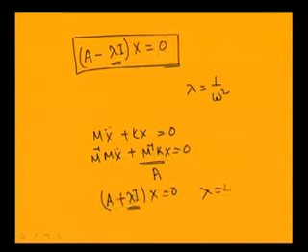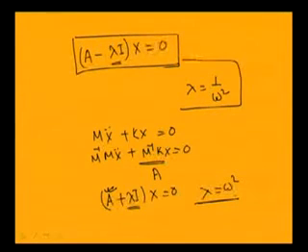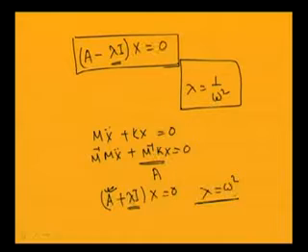So the eigenvalue of this matrix A equals omega square, and here, if you are proceeding from the displacement flexibility coefficient, you will get an eigenvalue which is the reciprocal of the actual eigenvalue of the system. So in this case, the highest frequency will correspond to the lowest eigenvalue, and the lowest frequency will correspond to the highest eigenvalue.